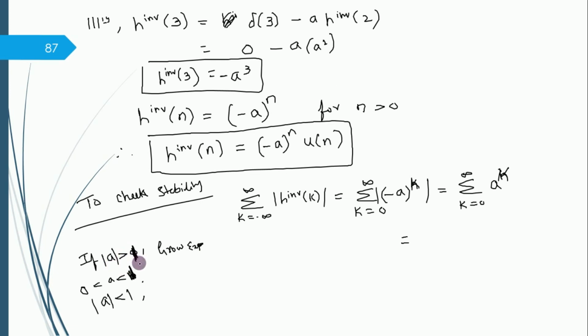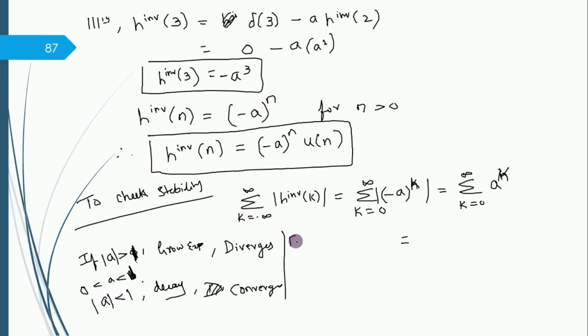So for a greater than 1, it is a growing exponential. For mod a less than 1, this is the range where it is a decaying exponential. A decaying exponential converges; a growing exponential diverges. So here we have to consider a in this range.